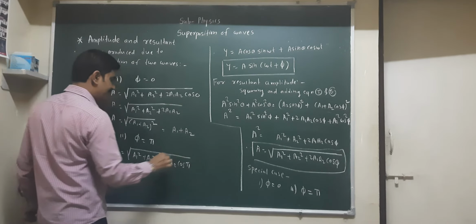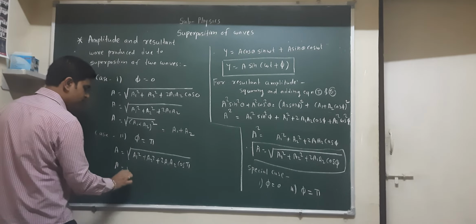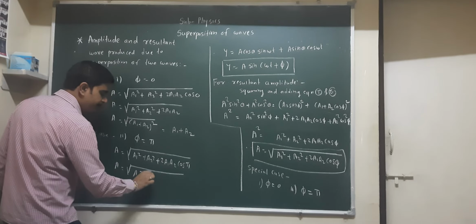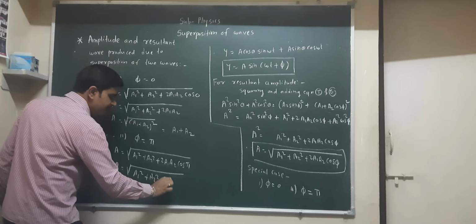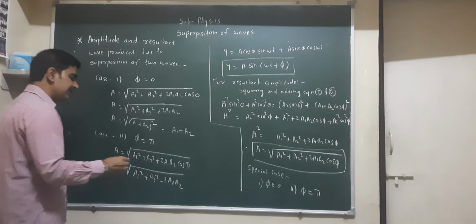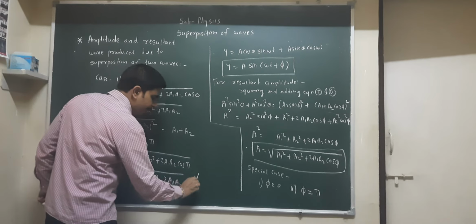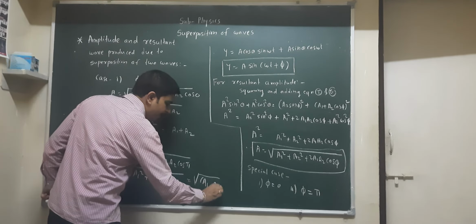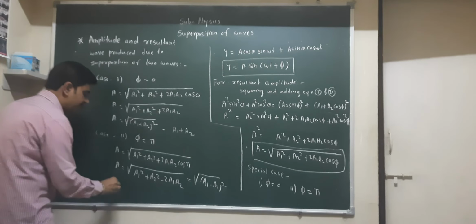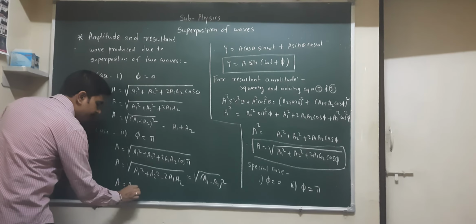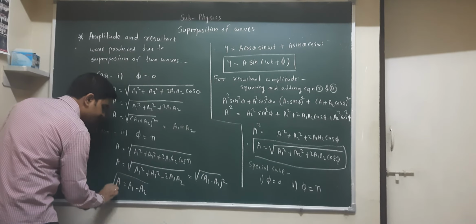Cos of pi means minus 1, so we can write A is equal to under root a1 squared plus a2 squared minus twice a1 a2, and if you observe, this is (a1 minus a2) squared. After taking the square root, we can write A is equal to a1 minus a2.